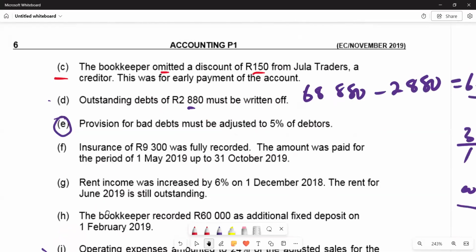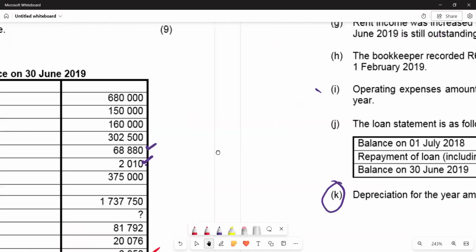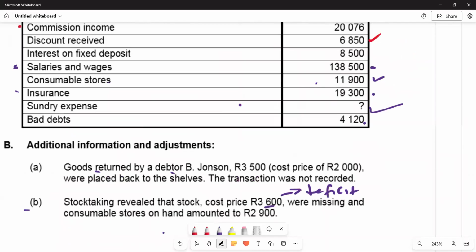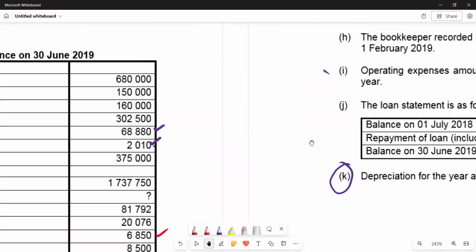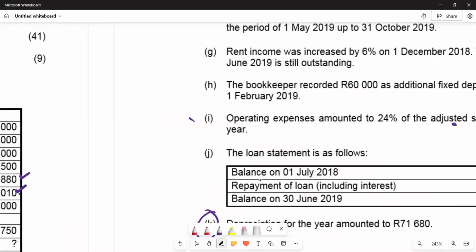Remember, we did an adjustment for sales by adjusting for this figure of 3,500. So the net figure that we got is now the adjusted. So we are going to multiply that figure by 24%, as indicated here. So the answer that you get becomes the total operating expenses figure.